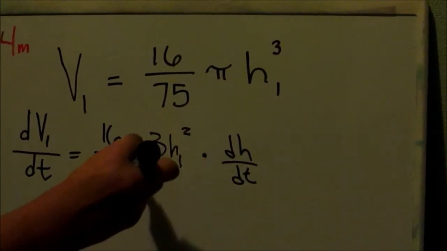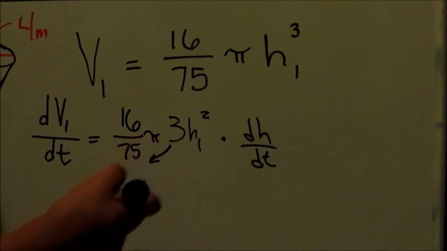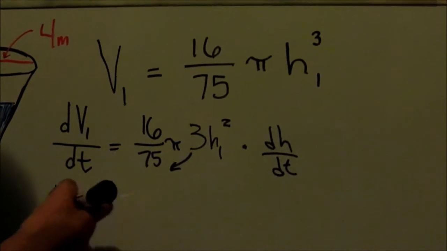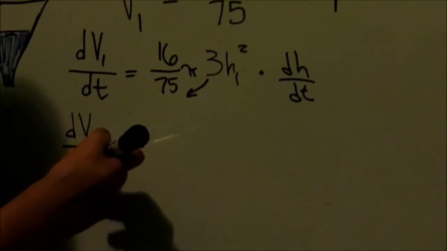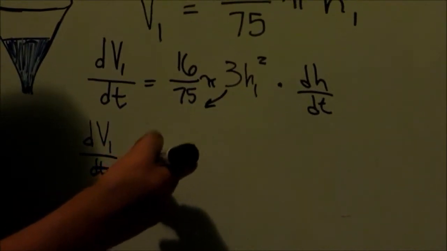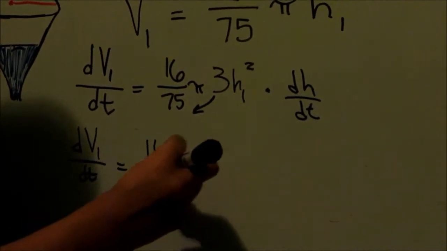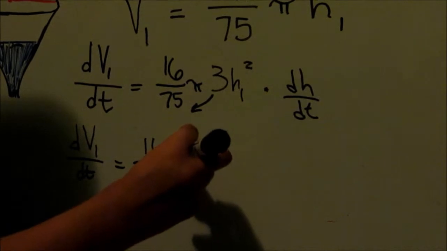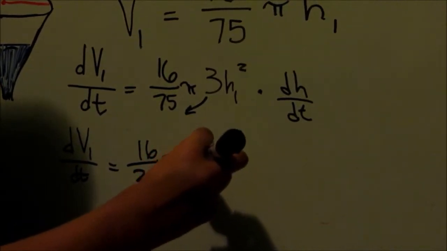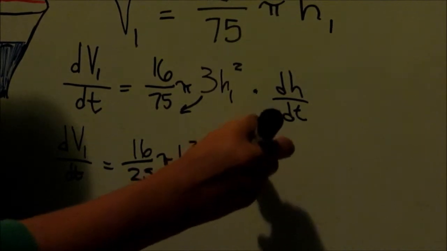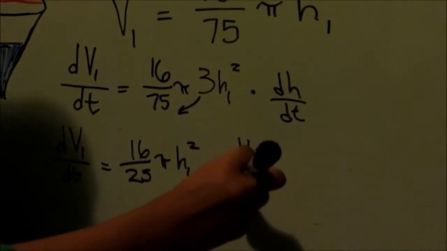To simplify, we divide the 3 into 75. The derivative of V sub 1 with respect to t equals 16/25 pi H sub 1 squared times the derivative of H with respect to t.